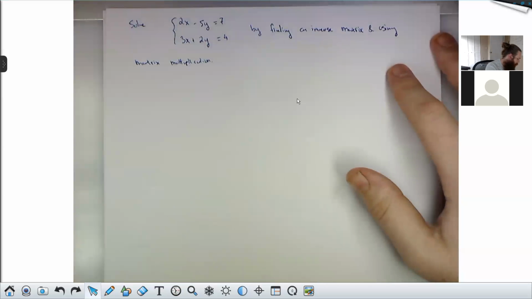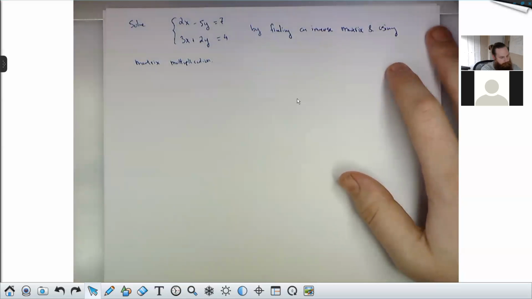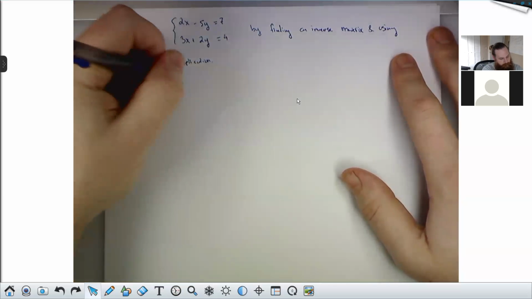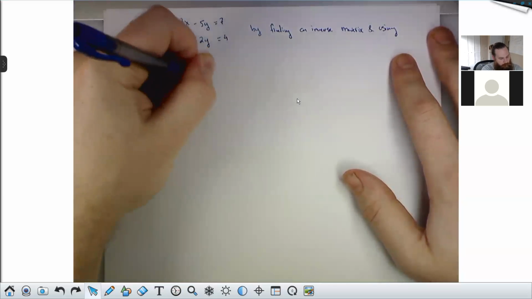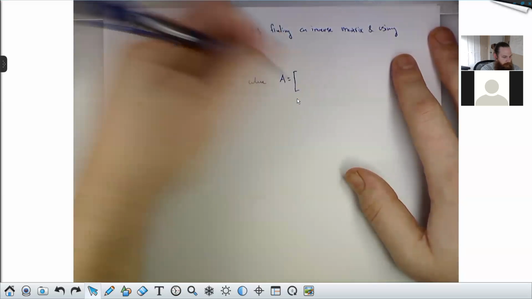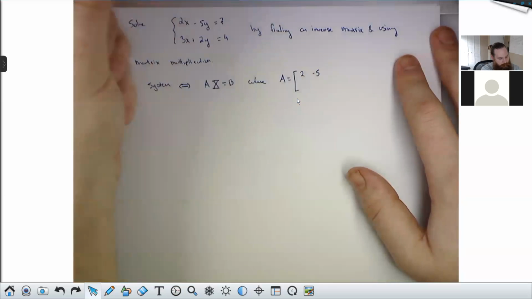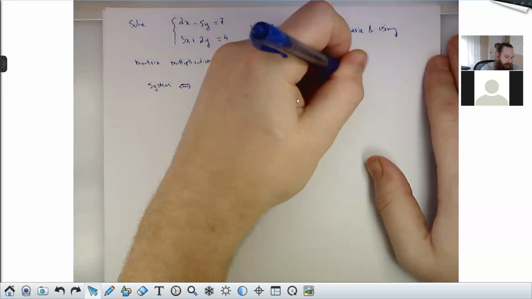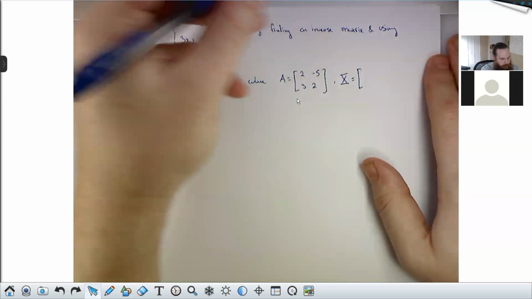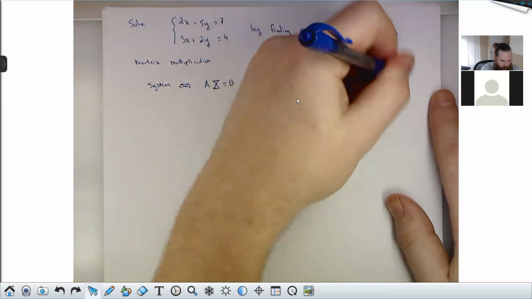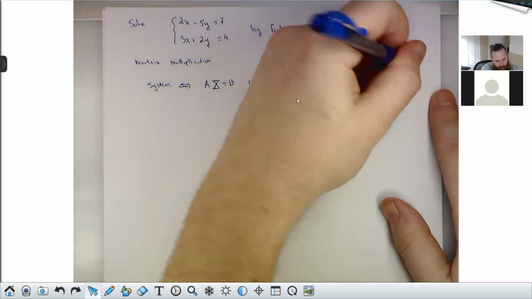The way you find an inverse matrix, so our original matrix A here, so this system is equivalent to AX equals B, where A is the 2 by 2 matrix [2, -5; 3, 2], X is the 2 by 1 matrix [x; y], and B is the 2 by 1 matrix [7; 4].